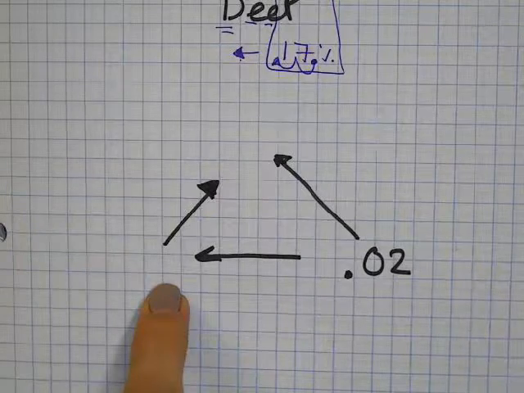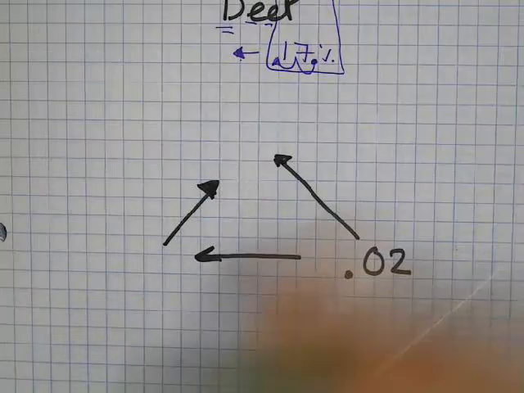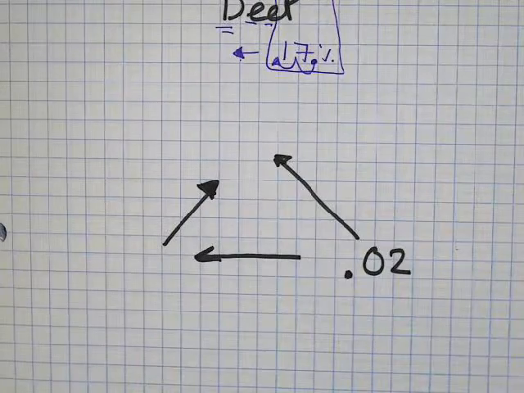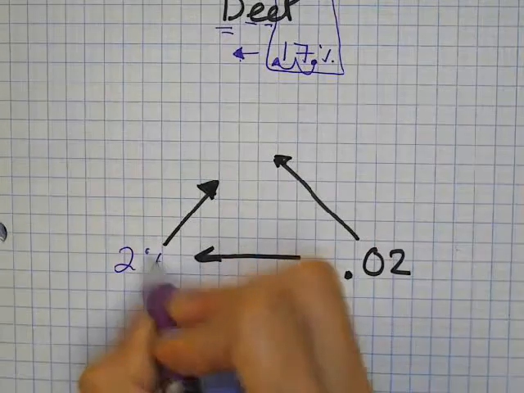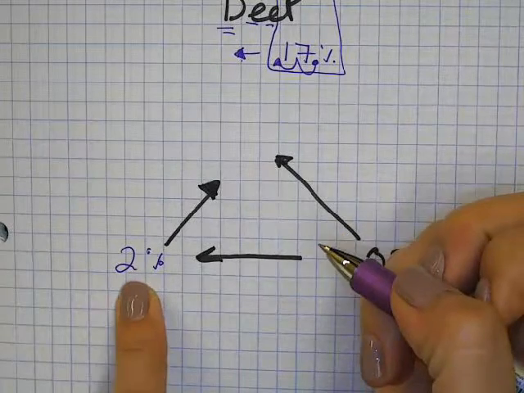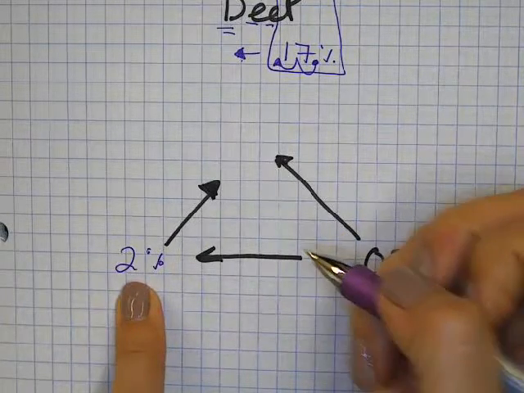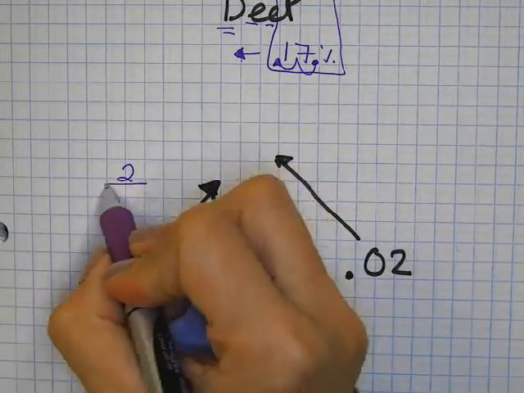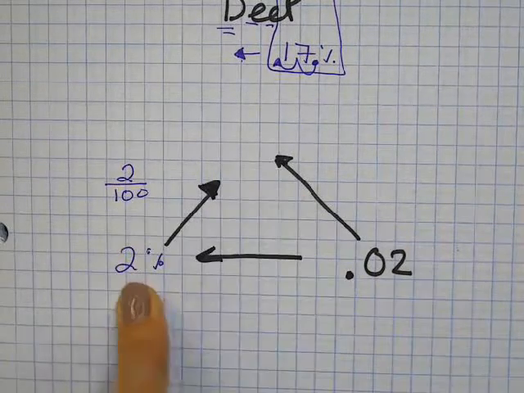Alright, the easiest one to do is the percent. At least that's what I think. 2%. And it is, what are percents out of? 100. So it's 2 out of 100.